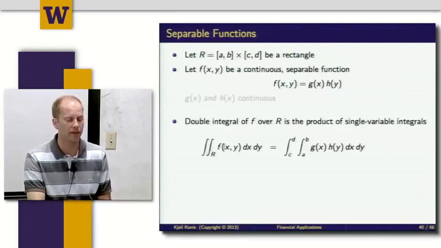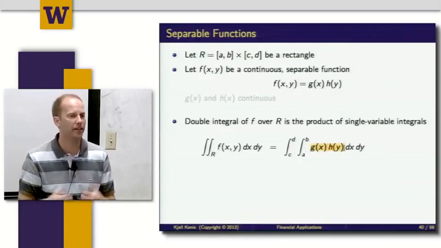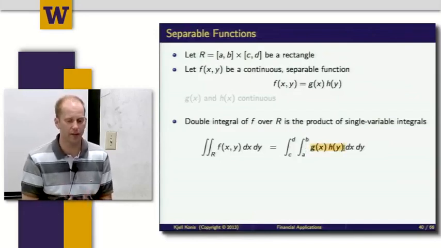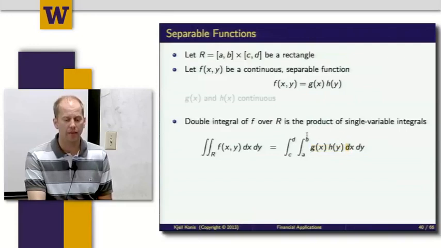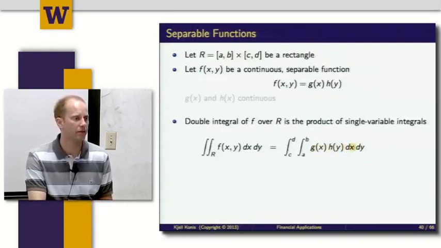So remember, this is f, but now I'm going to use the fact that I can separate it into a product of g of x and h of y. And then the a, b limits correspond to integration with respect to x, and the c, d limits correspond to integration with respect to y.